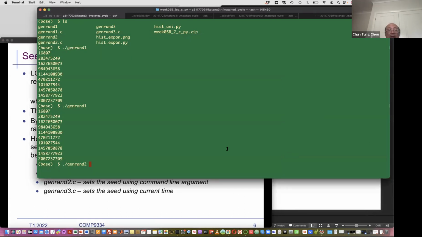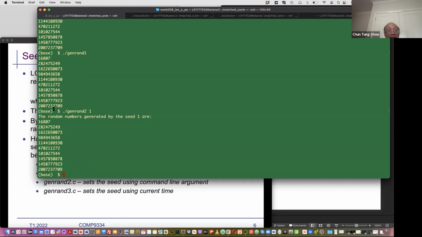In this case, I'm going to give a new seed. If I use 1, then what you see here is I get the same numbers as before. As I said, if the seed is 1, then I will get the same numbers. But if I change the seed to different integers, what you see now is I'm getting very different integers from this generation.